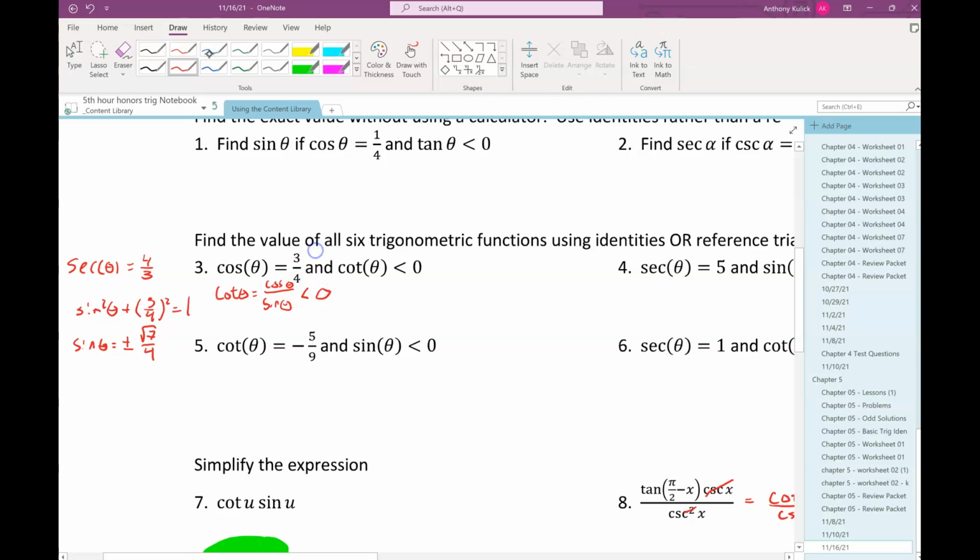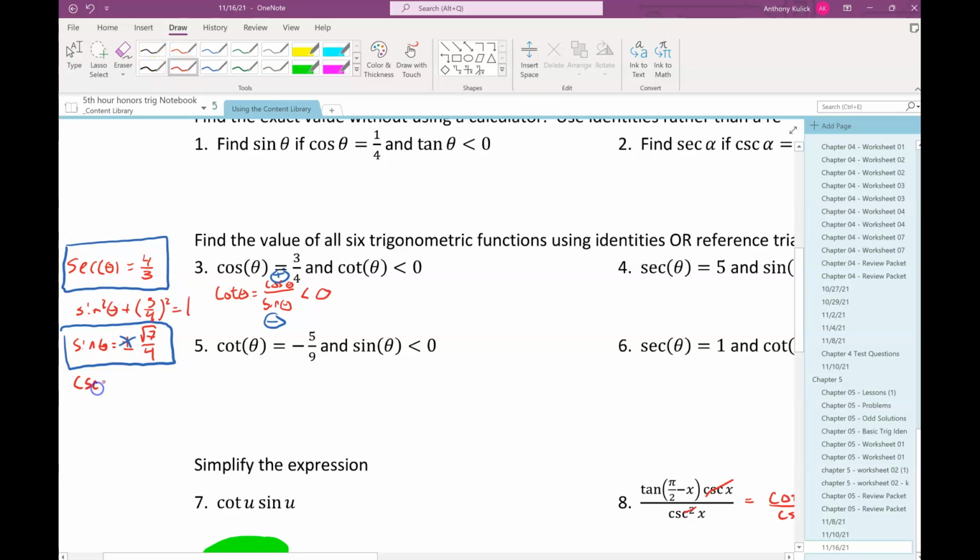And I know this whole thing is negative. Well, I know the cosine is positive because it's 3/4. That means that sine needs to be negative, right? For that fraction to be negative. So sine then is negative square root 7 over 4.